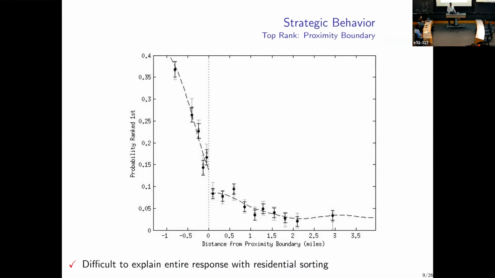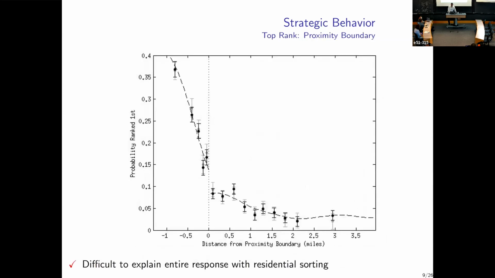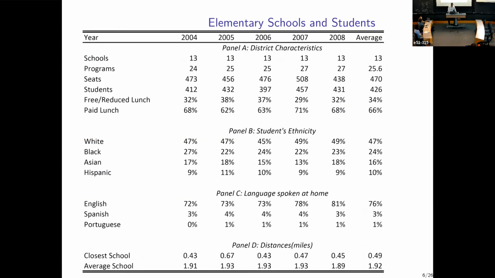And if we do the same analysis, we don't see any discontinuity. Okay, and we did it with the three, and it also didn't work. We also did it looking at schools that were competitive versus not, and all the effect is coming through competitive schools. Okay, so that is evidence that in fact people were responding to these priorities.